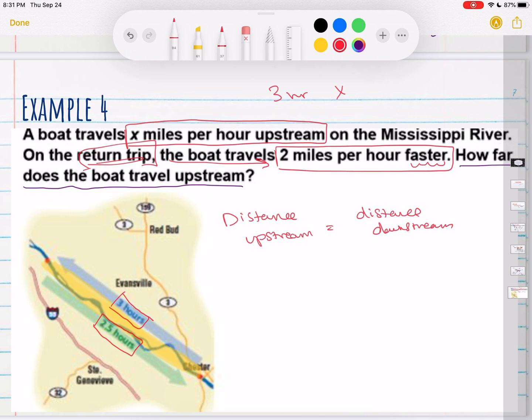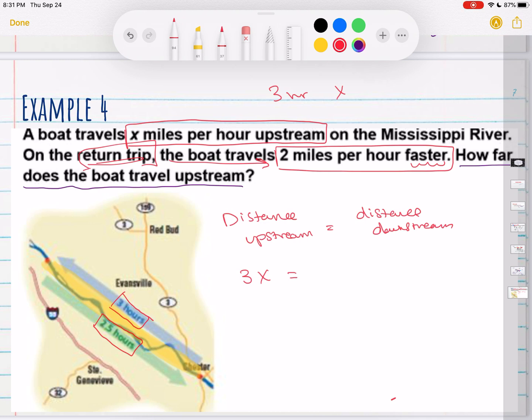If you traveled 60 miles per hour for 2 hours, 60 times 2 is 120 miles. So miles per hour times time gives you distance. My distance upstream is 3 hours at x miles per hour, so 3 times x.